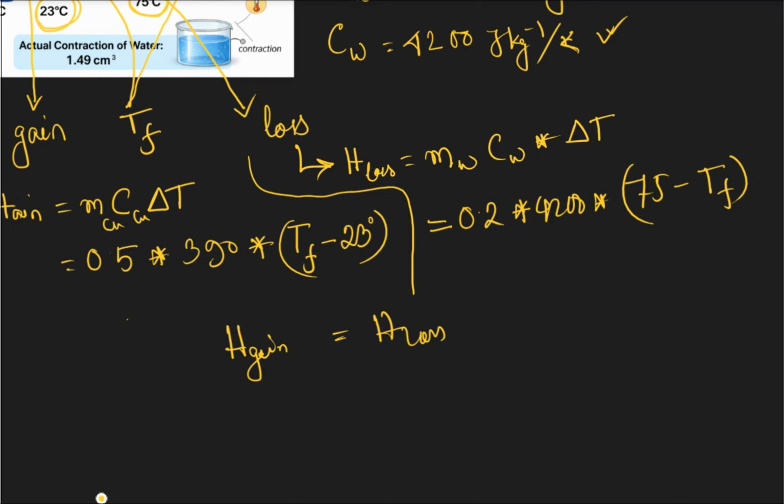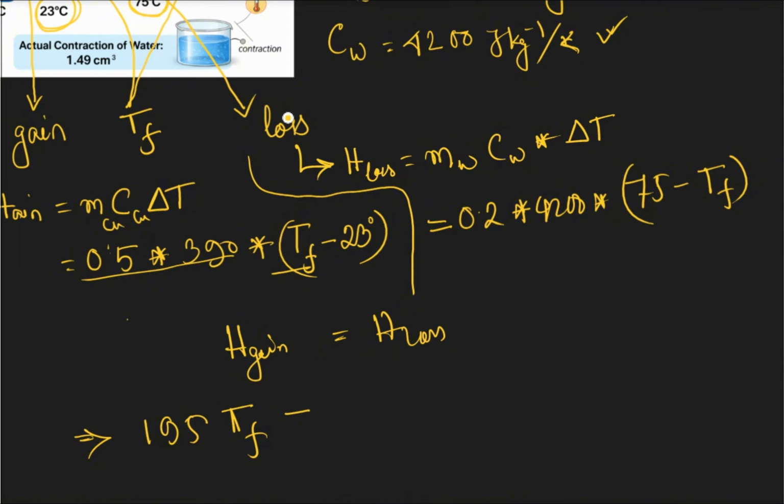So let's plug in the value of heat gain, that is actually 0.5 times 390, and the value of TF. So this will be 195 of the final temperature. So multiply this 2 with this one, and again it will be 23.